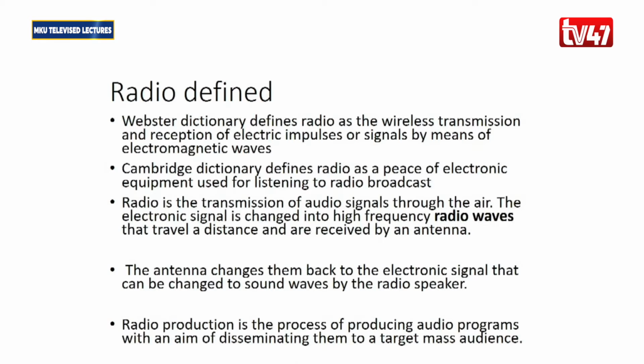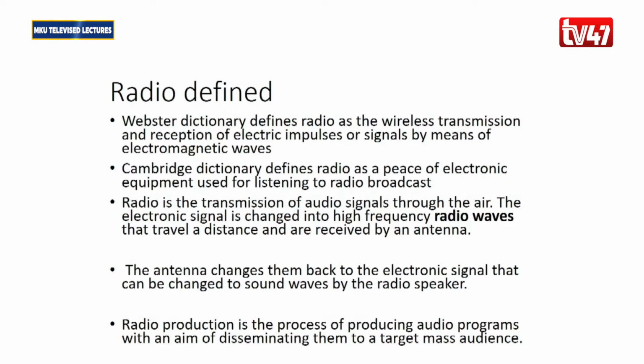Radio is the transmission of audio signals through the air. The electronic signal is changed into high-frequency radio waves that travel a distance and are received by an antenna. I believe we have captured that up there. The antenna changes them back to the electronic signal that can be changed to sound waves by the radio speaker.